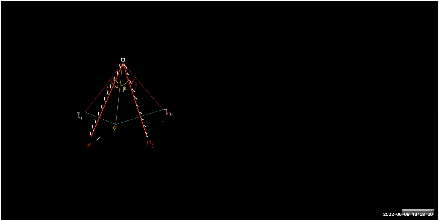Now I1 becomes the object for M2 next, and I2 becomes the next object for M1. So if you try to find the new distance, it is something like this. I'm drawing the perpendicular line to this.